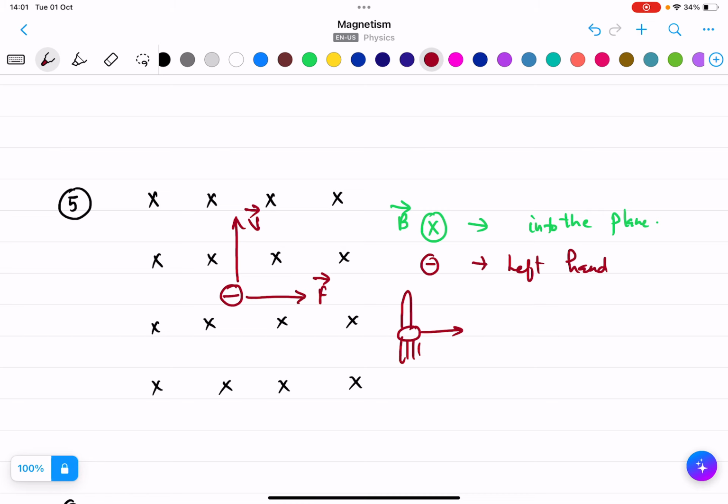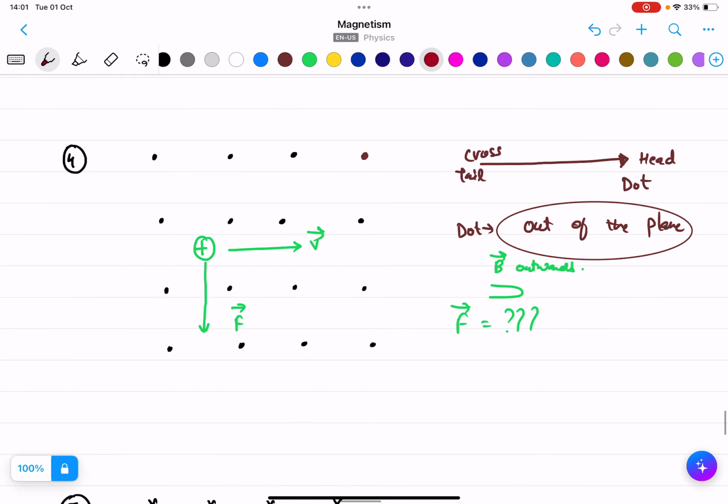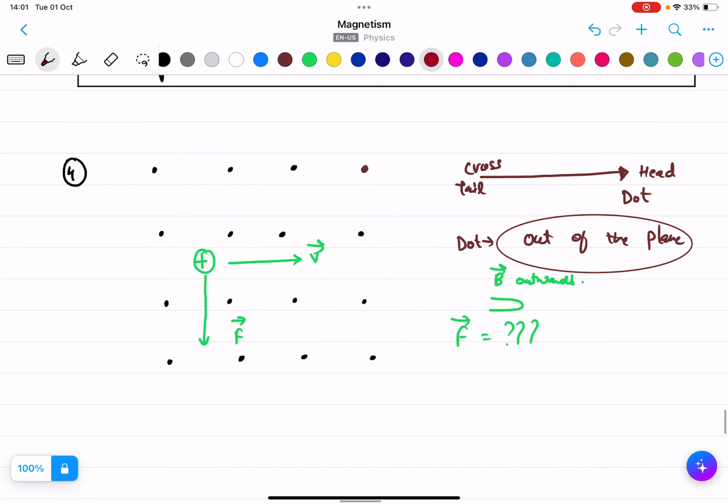So if you place your left hand with B into the plane, if it is a palm, this is your thumb and this is your fingers. So this will be the case like this. Okay, and in the first example also, B outwards and V here.